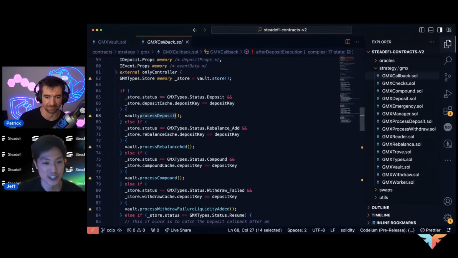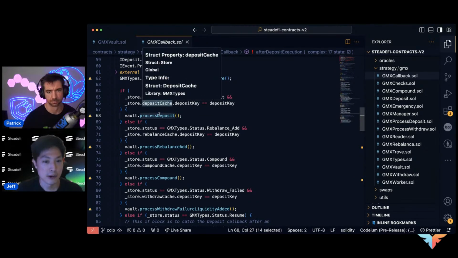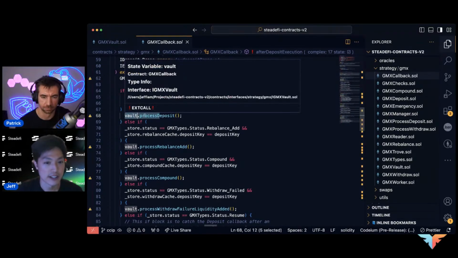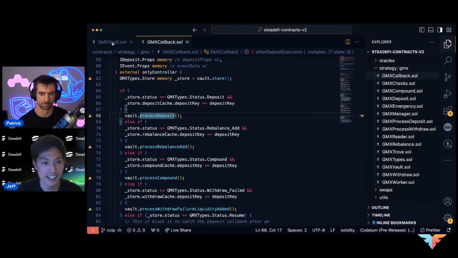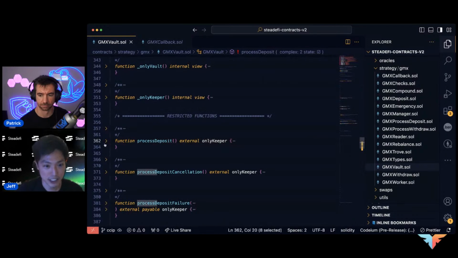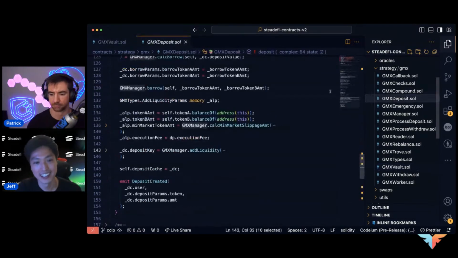And here's another gotcha. Because these are library functions, right? Libraries can't call libraries, they can't hold state. So this contract has to call this vault address function. So we go all the way back here again, to GMX Vault, which has a processDeposit function, which just passes this along to the deposit library again.